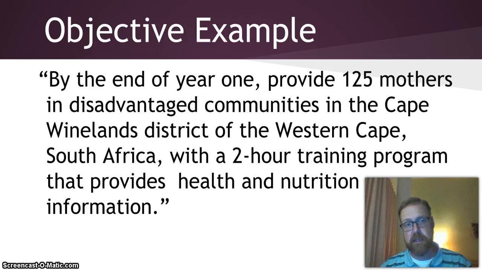Achievable and realistic. So to be achievable and realistic, we need to have infrastructure and capacity. So do we have the infrastructure? And let's just say I'm representing Lehigh University in this case, because I was representing a Lehigh team when we made this objective. Do we have the infrastructure and the capacity to provide 125 mothers in disadvantaged communities in that part of South Africa with a training program?